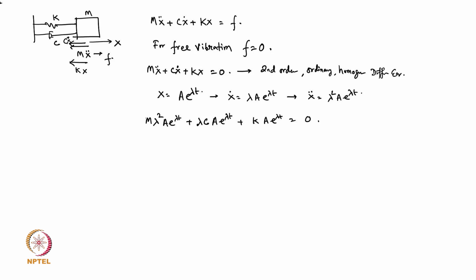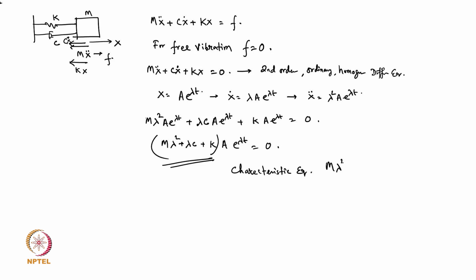Okay. So m lambda square plus lambda c plus k, into a into e to the power of lambda t, should be equal to 0. Okay, so now my characteristic equation becomes this: m lambda square plus c lambda plus k equal to 0, because the other two cannot be 0.